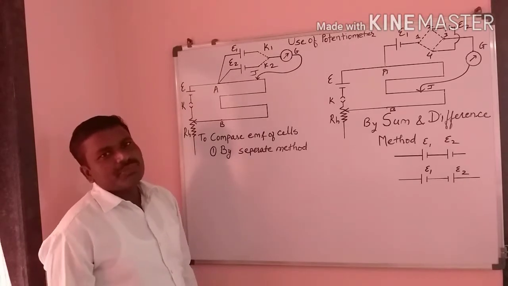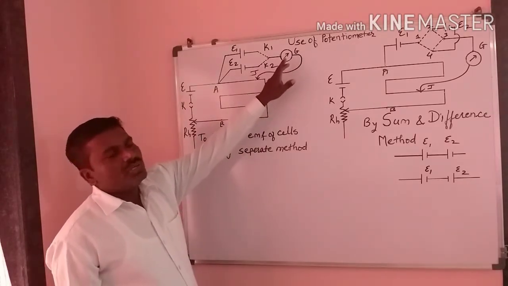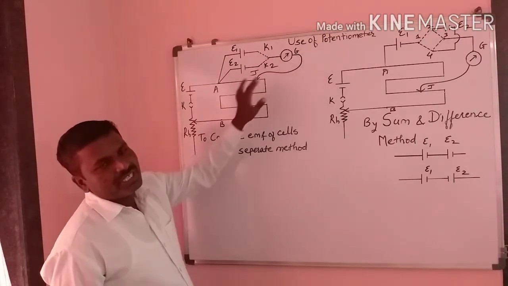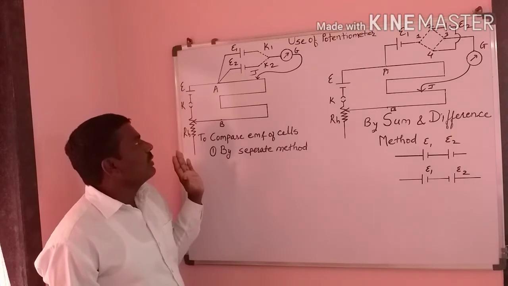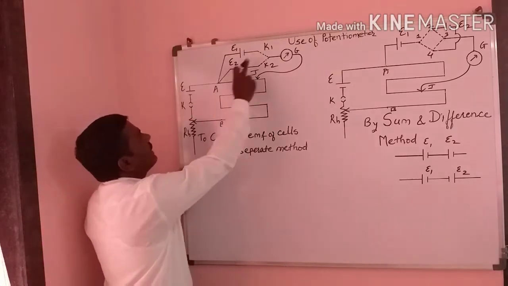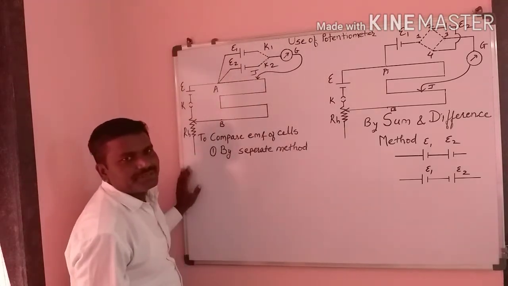The center terminal of the two-way key is connected to the galvanometer, and the galvanometer is connected to the jockey. Here, when K is closed and K1 is closed, E1 is in the circuit.